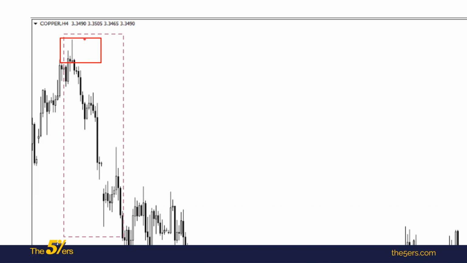The upper barrier would be the risk zone that we call it, and the whole box here is called the supply zone. So price can go all the way up all over here before it will react down.